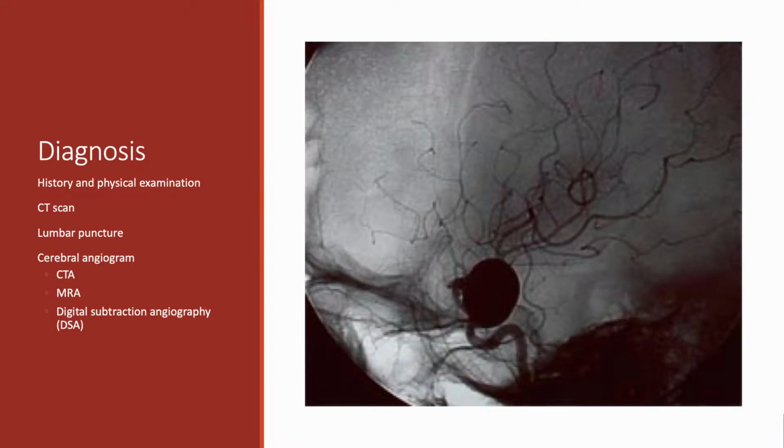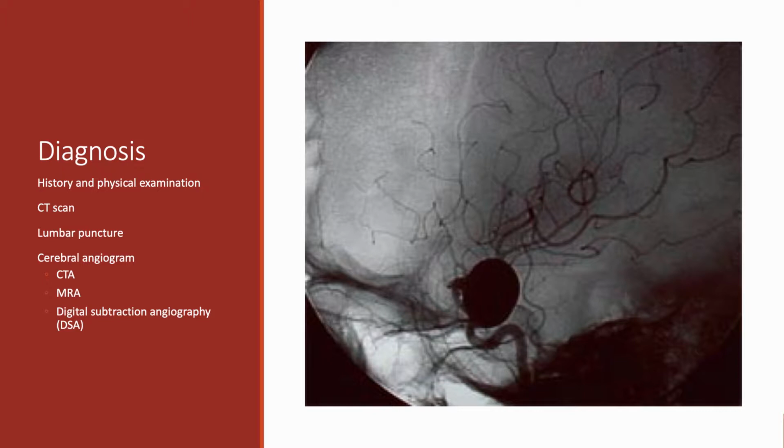The diagnosis is made with a careful history, and some physical examination findings can help. A CT scan is helpful because CT scans show blood right away. Lumbar puncture will also reveal blood in the CSF, which is also a big help in making the diagnosis.